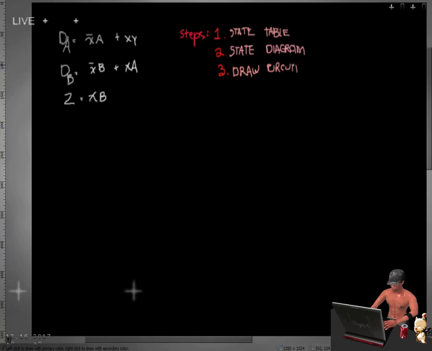We're going to have a combinational circuit, by the way. And then we're also going to be doing the sequential circuit.